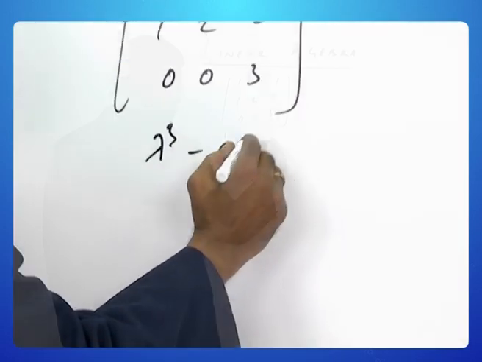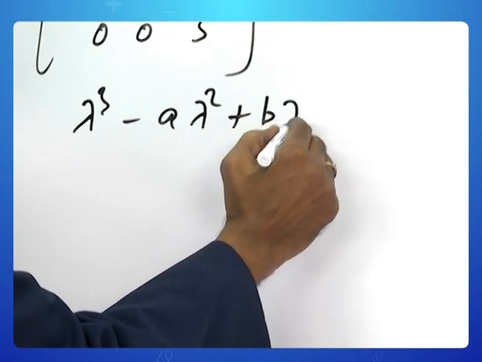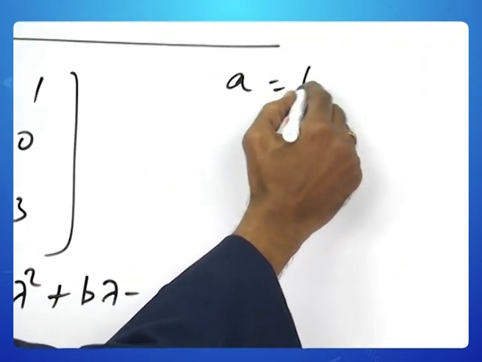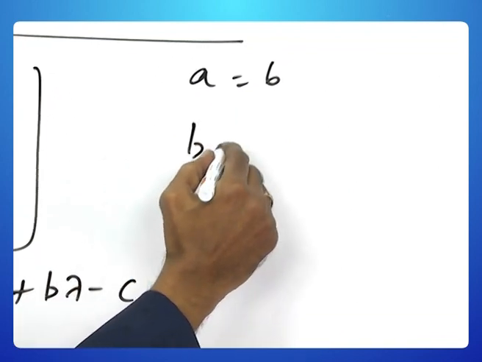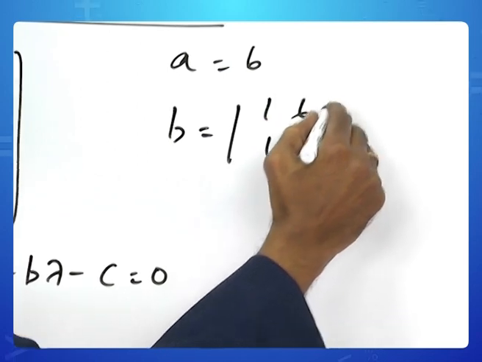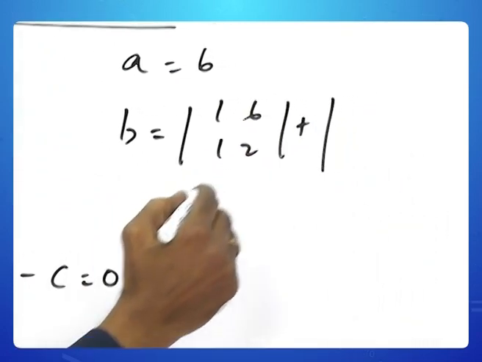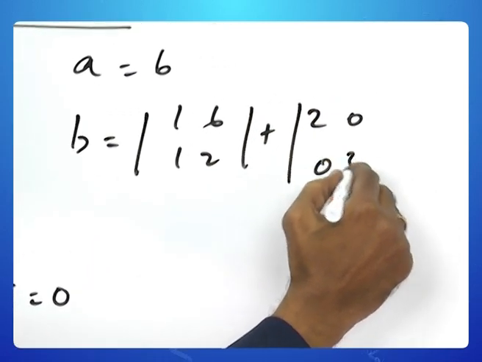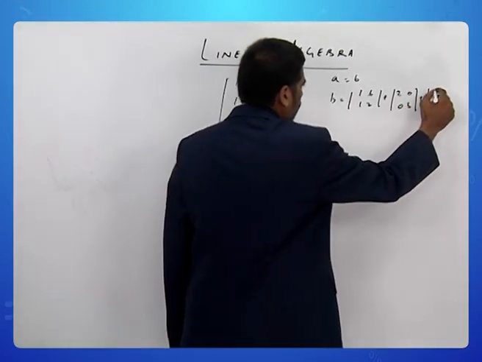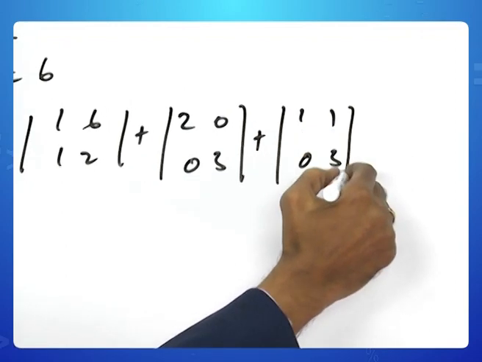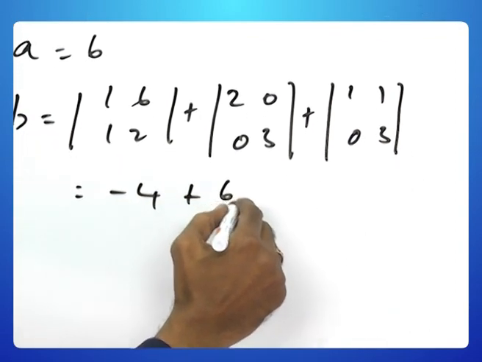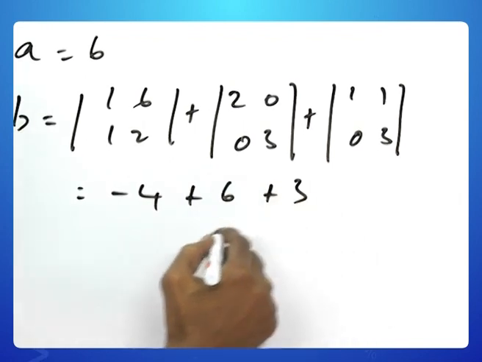Lambda cube minus a lambda square plus b lambda minus c is 0. a is equal to 6, b is equal to determinant 1, 6, 1, 2 plus 2, 0, 0, 3 plus 1, 1, 0, 3, which is 2 minus 6, minus 4 plus 6 plus 3.